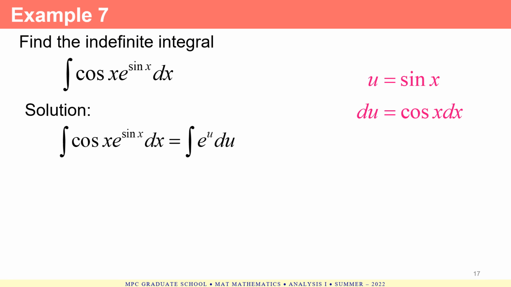That will result to the integral of e raised to u du. And if we go back to property number 2, the integral of e raised to u du is equal to e raised to u plus c. After that, we substitute the value of u. So our final answer is e raised to sine x plus c.